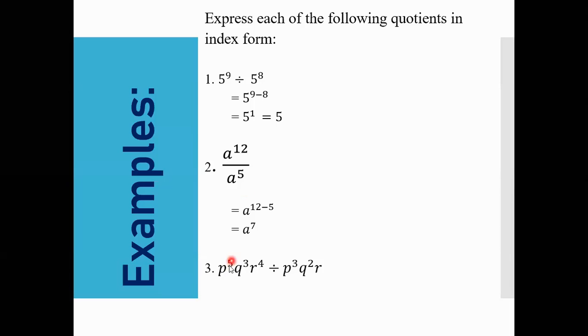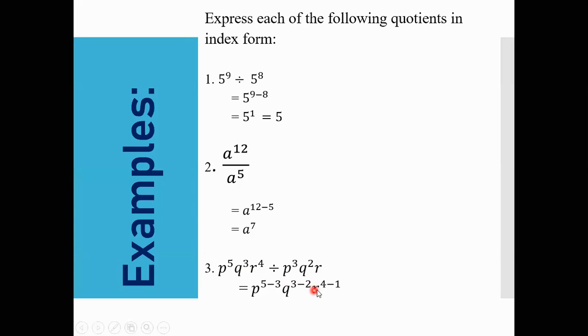So it'll be p to the 5th power, take away 3. The q's will go together. So it'll be q to the power of 3, subtract 2. And the powers of the r will go together. So it'll be r to the power of 4, take away 1.